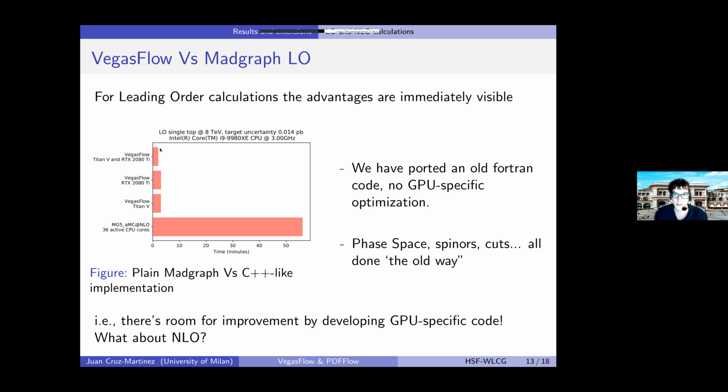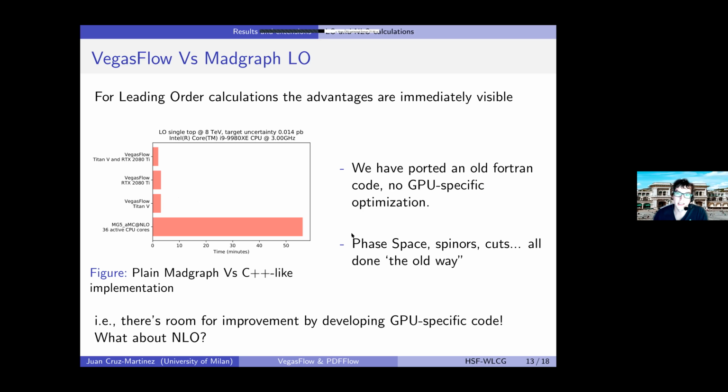So rather than nothing changed, it is an example of taking the first thing that comes to mind if one wants a result for a specific process, which would be running MadGraph for that process, versus the version done in VegasFlow.